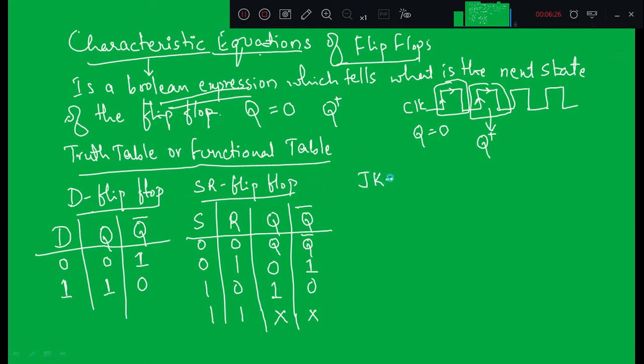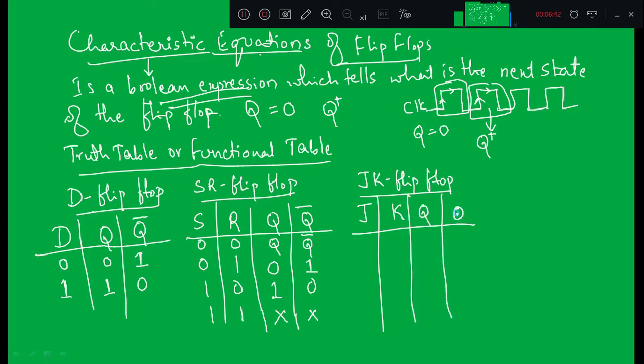Next comes the JK flip-flop. To overcome the disadvantage of the SR flip-flop, which was a forbidden state, we use a JK flip-flop. So how to overcome that? For the output of the JK flip-flop, 0 0, everything remains the same.